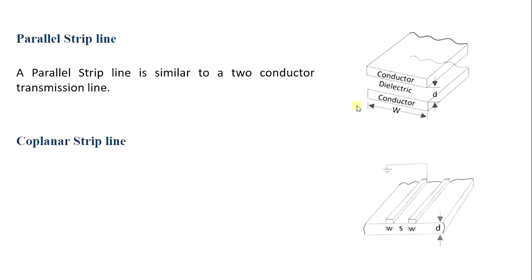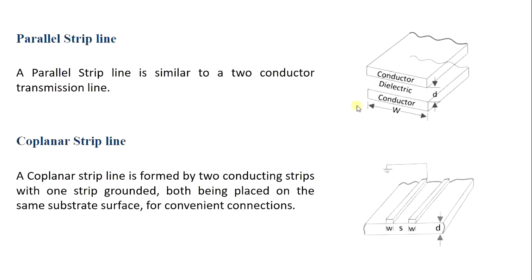You can see in the figure, a coplanar strip line is formed by two conducting strips with one strip grounded, both being placed on the same substrate surface for convenient connections. And this is how the construction of different types of strip line is done, and they are used for transmission of microwave signals.